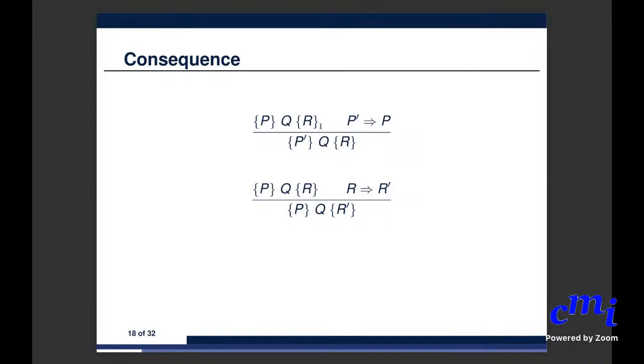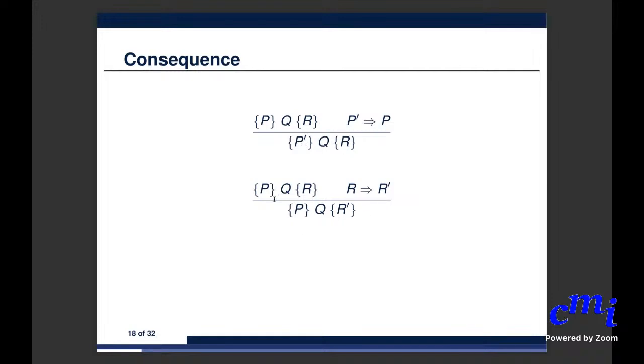This is for backward propagation: if you're able to propagate R back to P, and your precondition is P prime, and you can prove that P prime implies P, then you can conclude that this whole triple holds: if you start from P prime, the postcondition will hold.